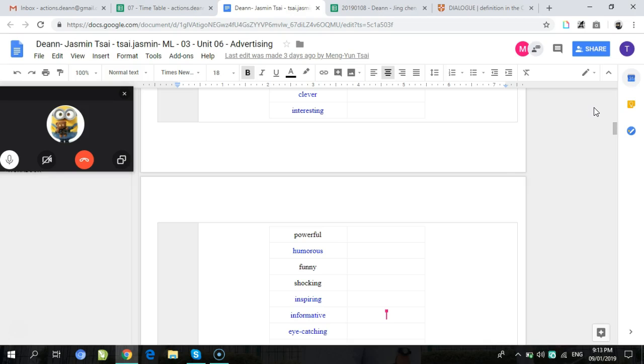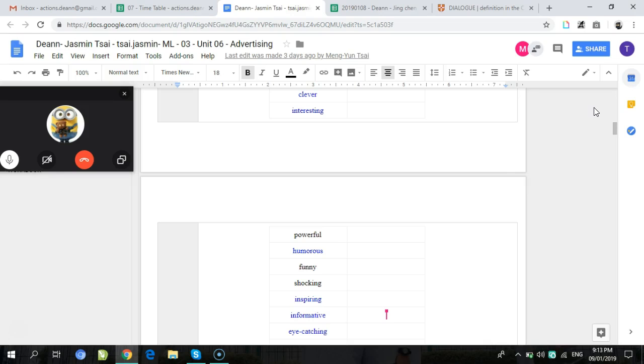Okay, so that is what makes the advertisement informative. Usually when it comes to preventing illnesses, a special slogan is also informative, and that is also very good. And how about the last one? It's eye-catching, or a good advertisement should be especially eye-catching.